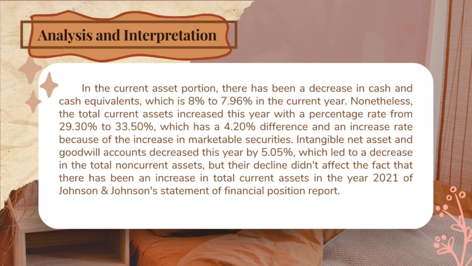Next are the intangible asset, net asset, and goodwill accounts. This decreased this year by 5.05%, which led to a decrease in the total non-current assets. But their decline didn't affect the fact that there has been an increase in total current assets in the year 2021 of Johnson & Johnson's Statement of Financial Position Report. So that is all about the total assets.